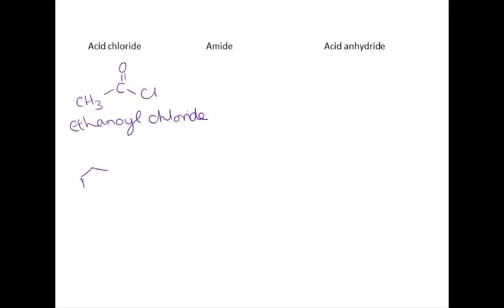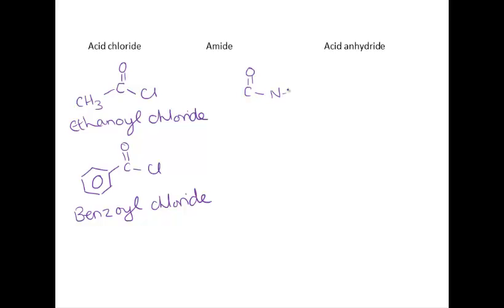And let's do one with a benzene ring. This is benzoyl chloride. And amides, put our amide group in here, C double bond O and NH2, CH3. This one would be ethanamide.